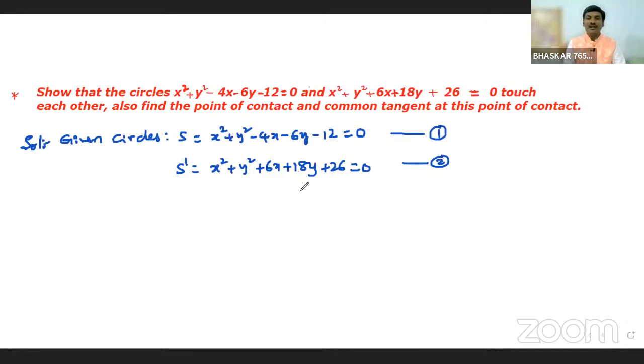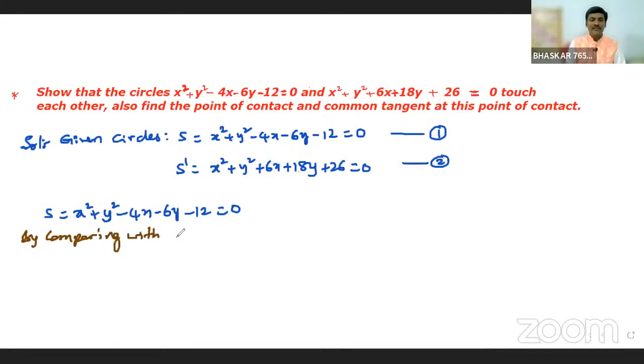For that, what we have to do, take one circle. I am taking the first circle x square plus y square minus 4x minus 6y minus 12 is equal to 0, and comparing with the general equation x square plus y square plus 2gx plus 2fy plus c is equal to 0.